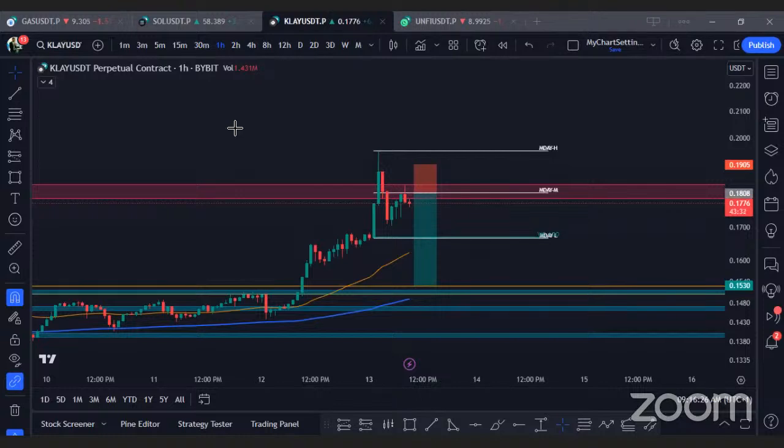I see that your debt is about 1.7 billion of this token.